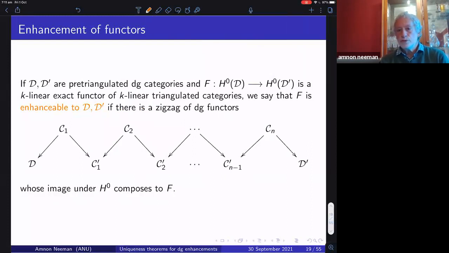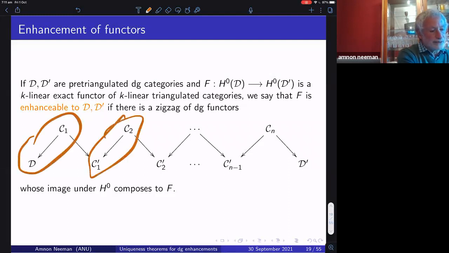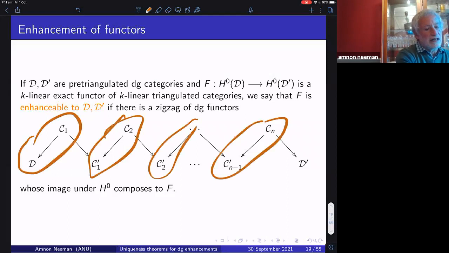So if you have two pre-triangulated DG categories and a functor between them, so a functor F from H naught of D to H naught of D dashed, you say that it's enhanceable if there's a zigzag of DG functors as shown, but with all the maps going the wrong way being quasi-equivalences, invertible after taking H naught.